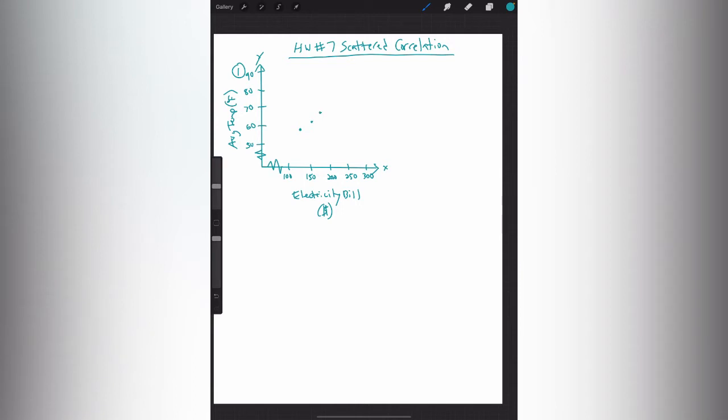Okay. And 75 and 205. 75 looks like about there. And 79 and 170. So 79 a little bit higher. And 170 is about right, I'll say about here.